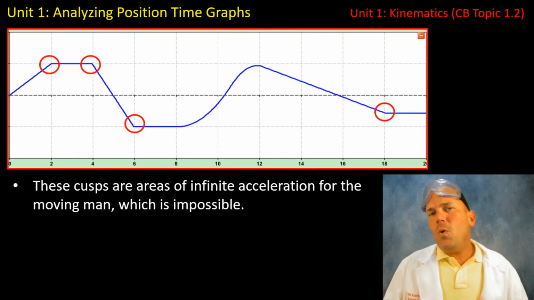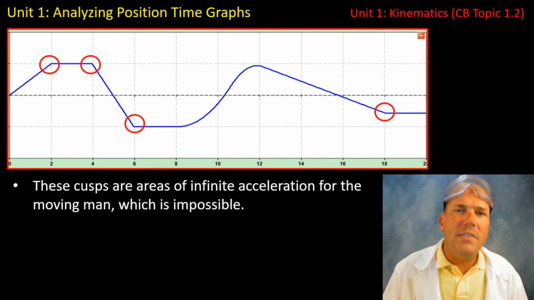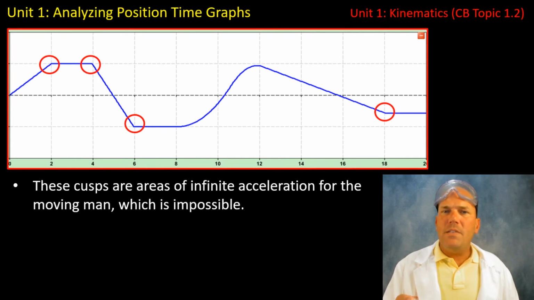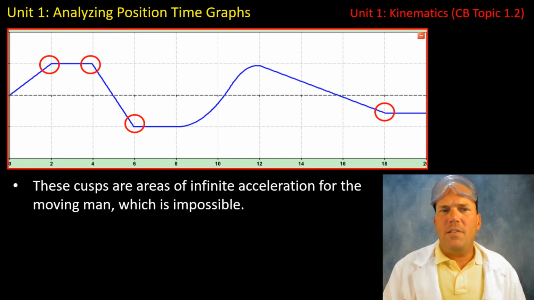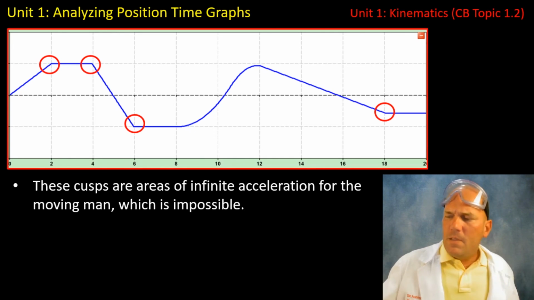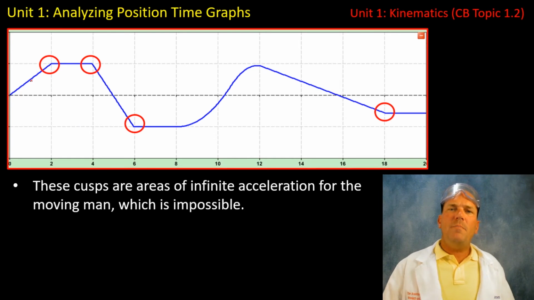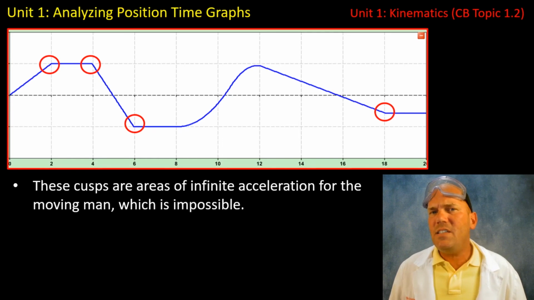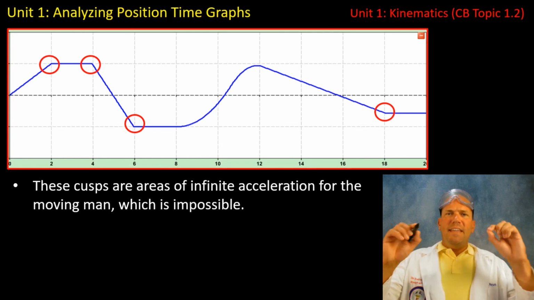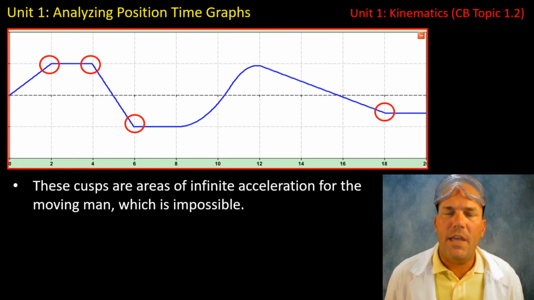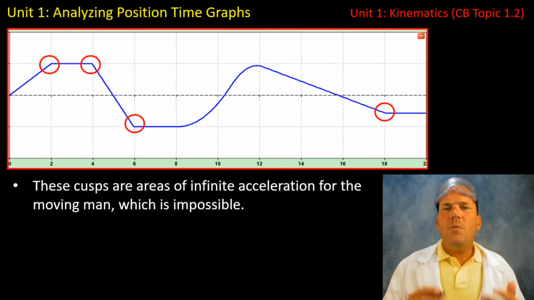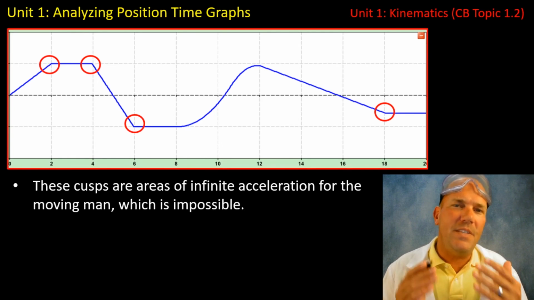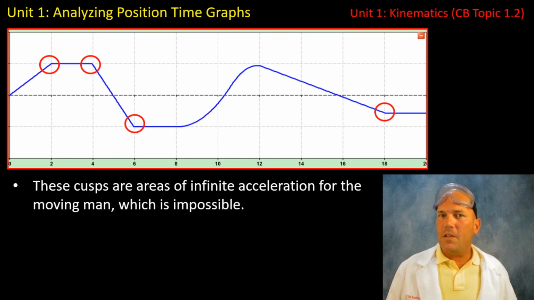And in this course, I want to address some of these points, and we're going to talk about how it's not possible. For example, in this first cusp here, the moving man is moving to the right with a constant positive velocity, and then instantly stops at t equals 2 seconds. Well, there must be some sort of deceleration occurring at that point.